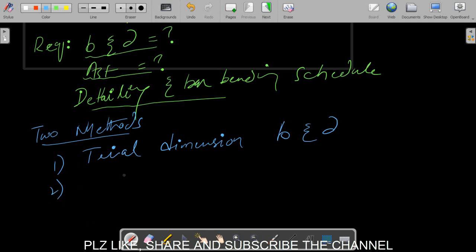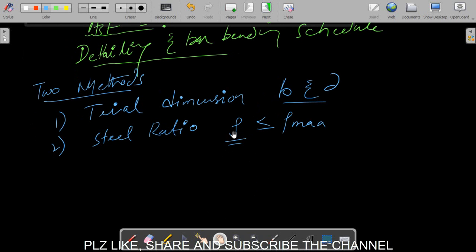The second method is by selecting or choosing the steel ratio, that is rho, and we always select rho less than or equal to rho max. So we will assume an initial value of rho, and on the basis of this we calculate the area of steel and dimensions of the section. This is a way of designing. I have already recorded a lecture on this method. I will share the link, right? The first one, the trial dimension method, is commonly used.